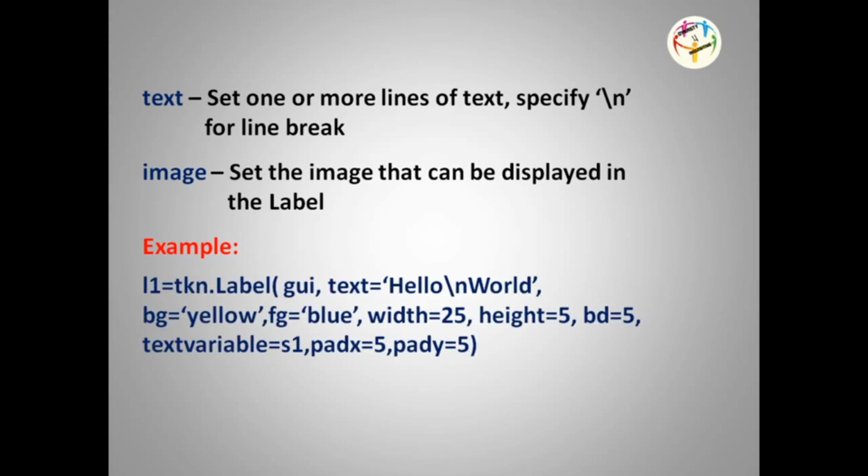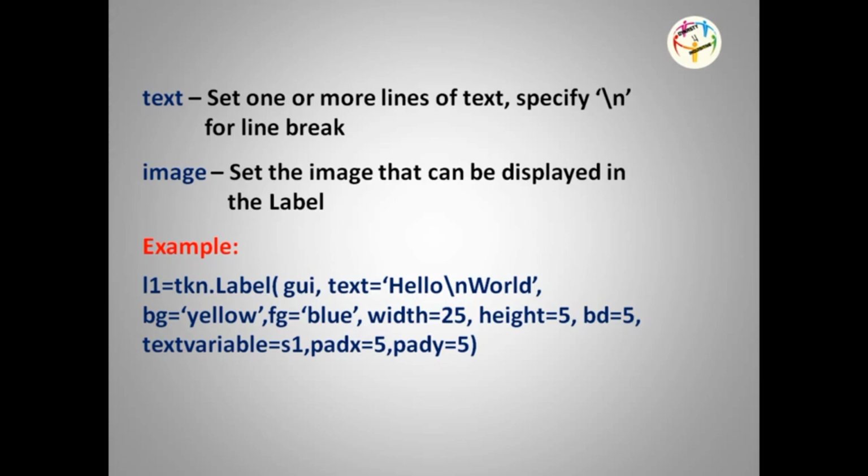Now for example, how can we declare any label widget or label class instance? L1 equal to tkn.label. So tkn is basically alias, Tkinter package alias. Then within this constructor we are specifying all the arguments. First one is GUI, means parent window. Then text equal to hello /n world, means it will display in 2 lines, means hello in first line, and in second line world will be displayed.